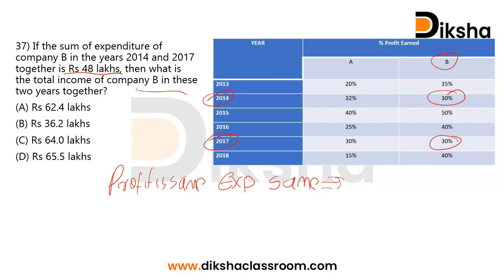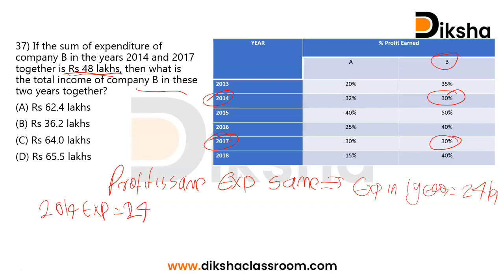So the sum of the expenditure is given as 48 lakhs. So we can say the expenditure in 1 year, sum is 48 lakh, expenditure will be 48 by 2, so you have 24 lakhs. Now we will be considering 2014. Regarding 2014, we get the expenditure as 24.